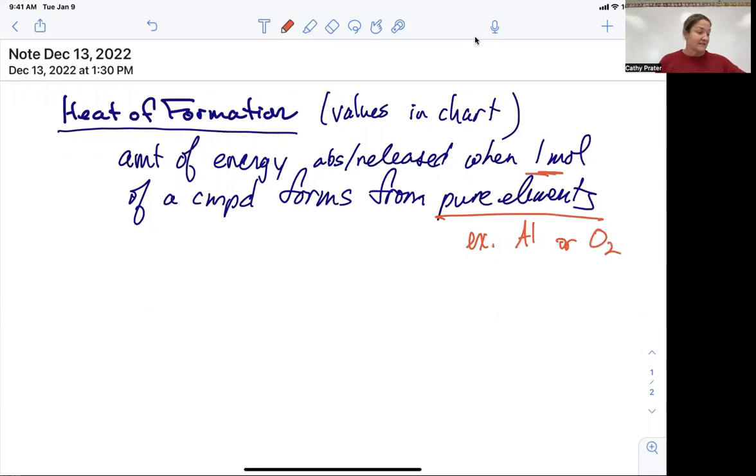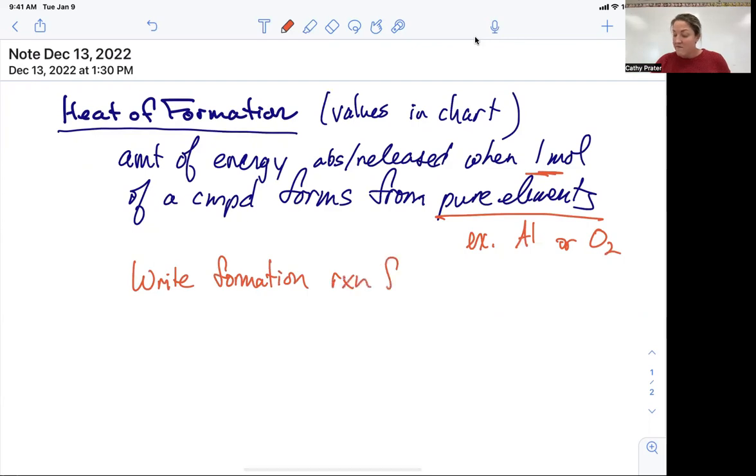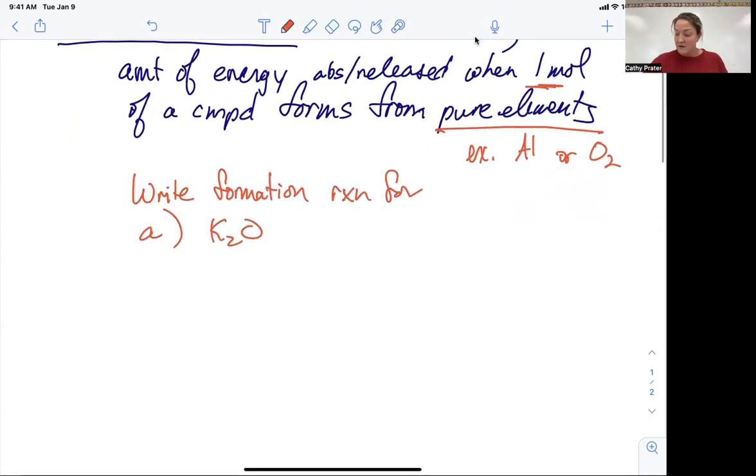To show you an example, let's say we're going to write the formation reaction for, first, K2O. So I'm forming K2O. That means K2O goes on the right side of the equation.